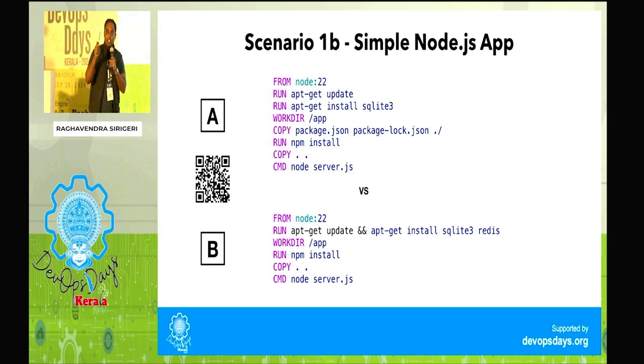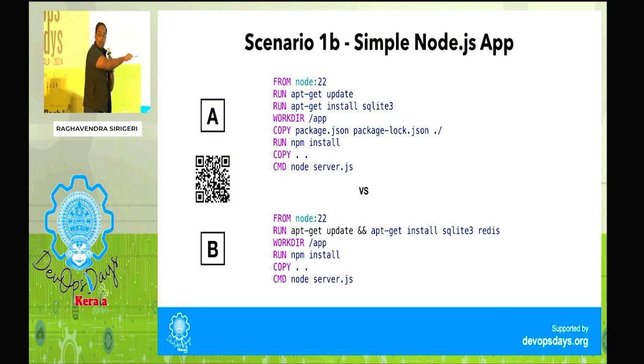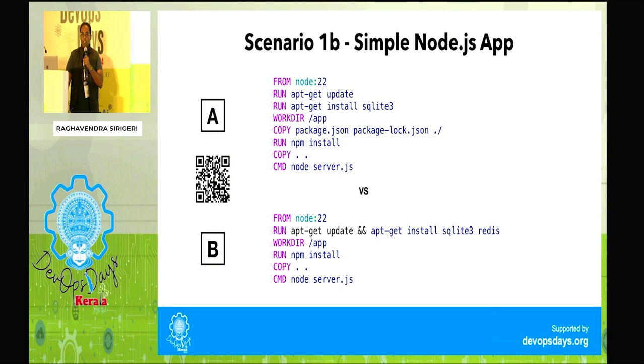Which may be outdated. If I put both of them in the same line, if I add any new package, then even apt-get update will also run, because this cache will get invalidated, and apt-get update will again run, which means I'll get the latest package lists, which means all my packages are up to date. Did everyone understand this?